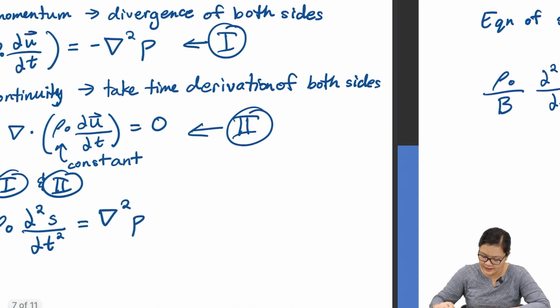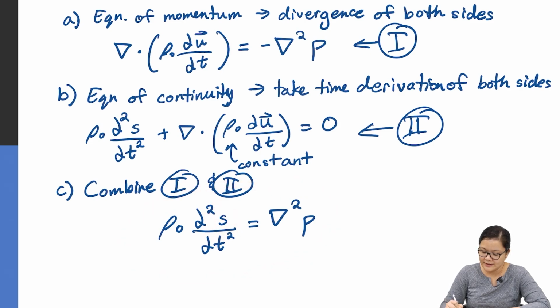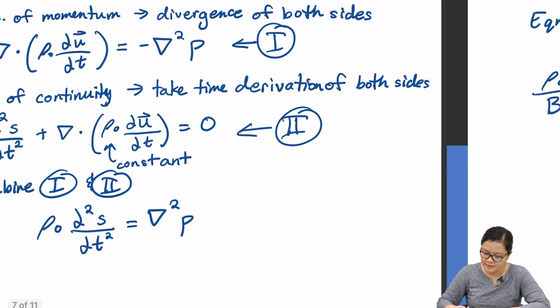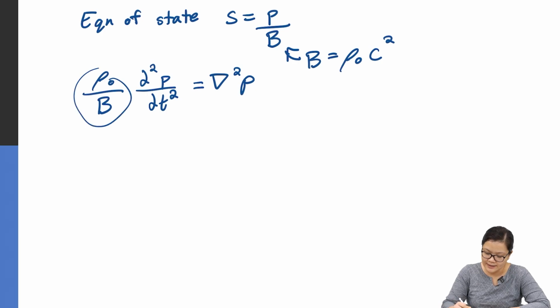So basically, we just substituted the S so that we get pressure divided by the bulk modulus. Now in terms of the sound speed, we notice that rho over B also equals 1 over c squared.